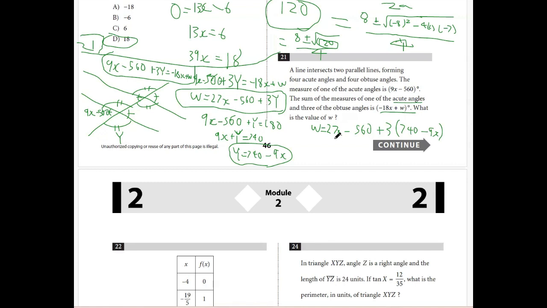And then I will go ahead and write this out here. 27x minus 560 plus 2220 minus 27x. So this guy cancels out immediately. And we get W is equal to 1660. So I'm gonna write it here. 1660 is the correct answer.